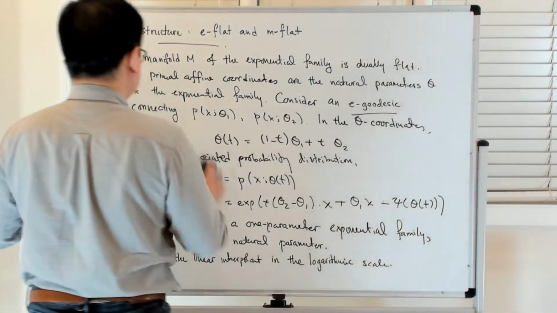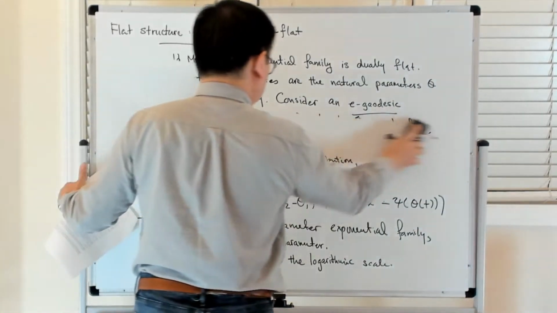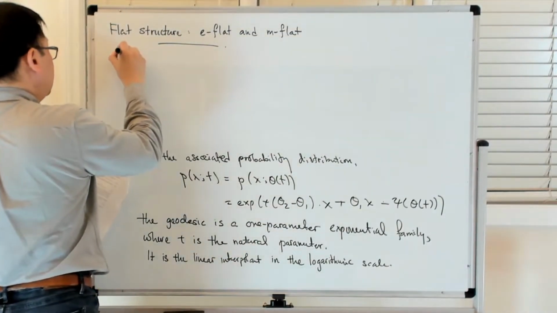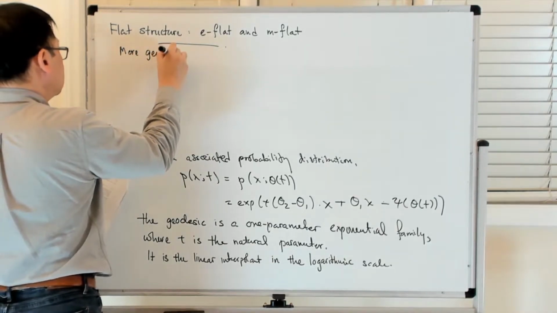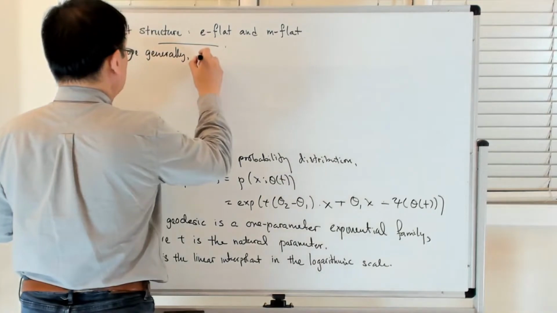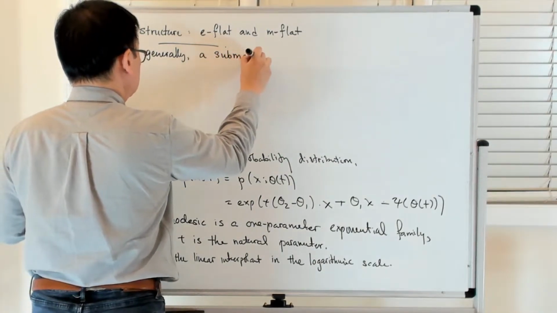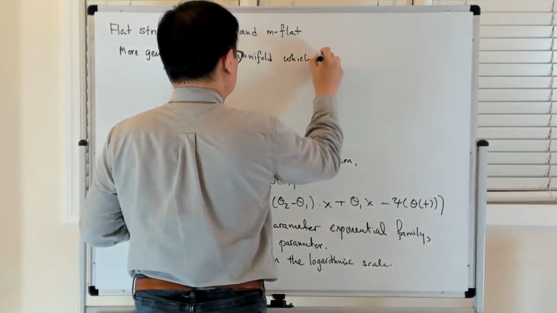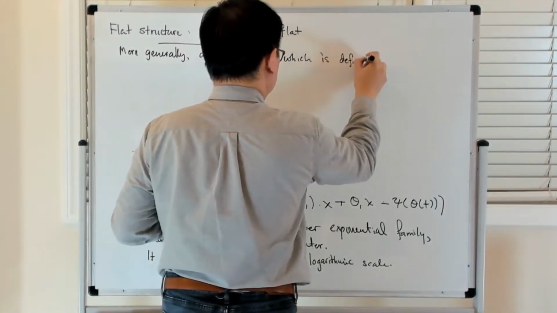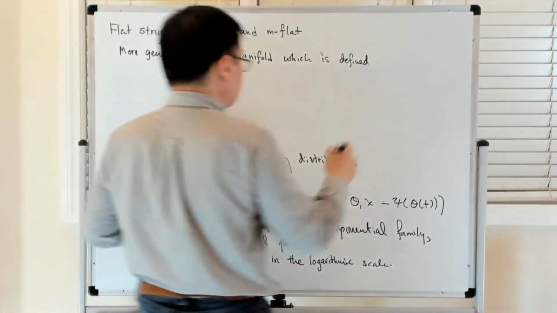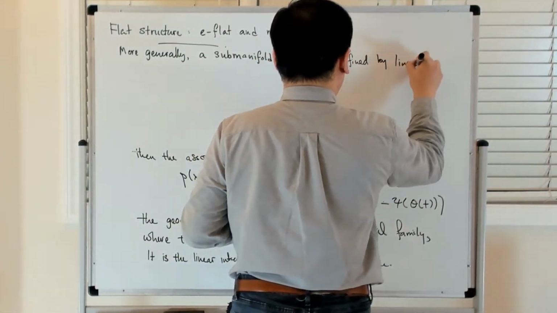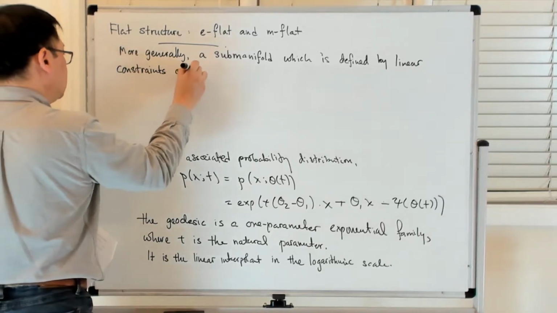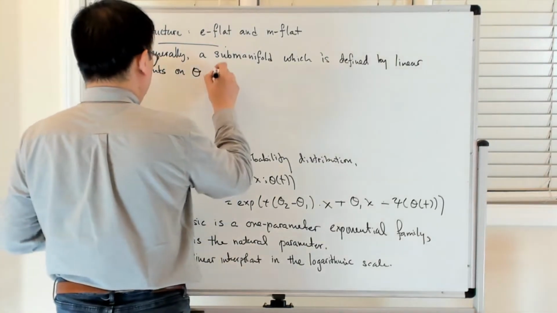So let's see what I mean. So more generally, a submanifold which is defined by just linear constraints on the coordinates is said to be E flat.